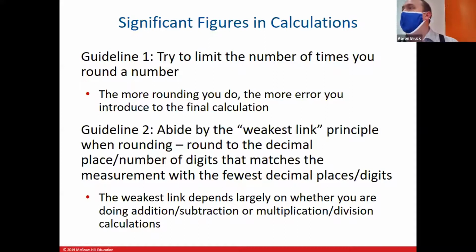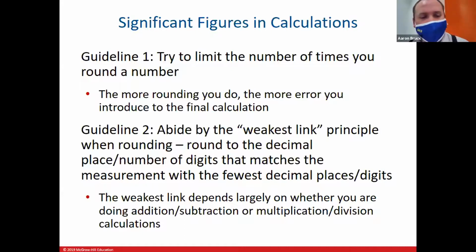You're introducing uncertainty. The more uncertainty you add, the less trustworthy your number in your calculation is at the end. So when we are doing calculations, we want to keep that in mind. Round less, calculate more.